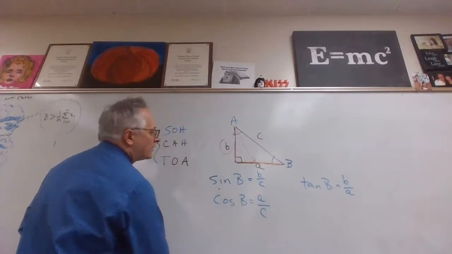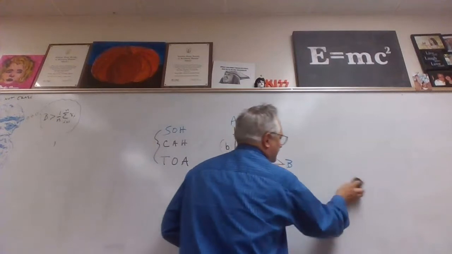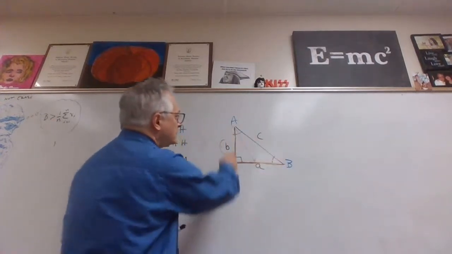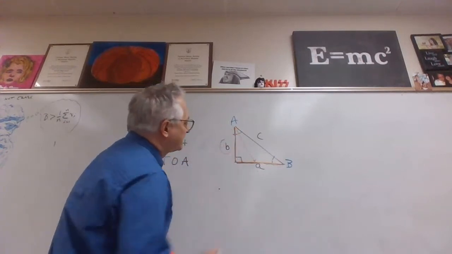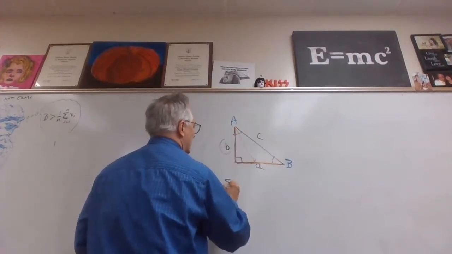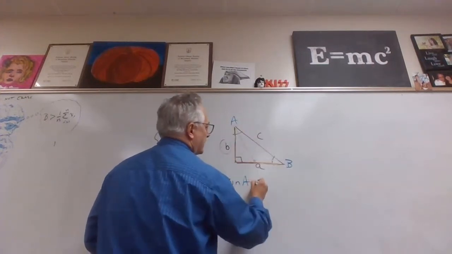So let's go ahead now and look at our other angle up here. Let's get rid of this stuff. Because we have two angles. We have angle A and angle B. Let's take a look at angle A. Well, the sine of angle A is the opposite over the hypotenuse.